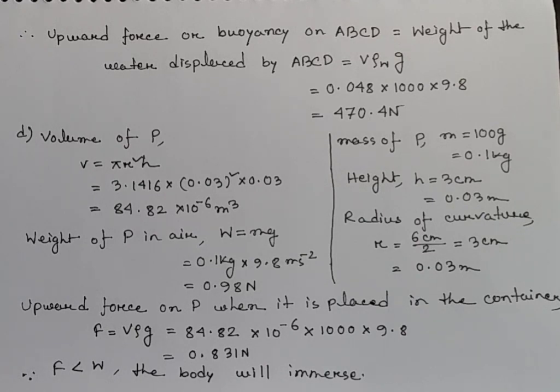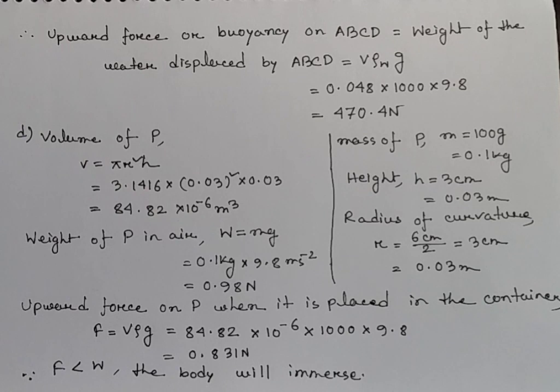Height is given in the diagram 3 centimeter, that means 0.03 meter. The diameter is given 6 centimeter, and we will convert it into radius by dividing by 2, that will be 3 centimeter or 0.03 meter.